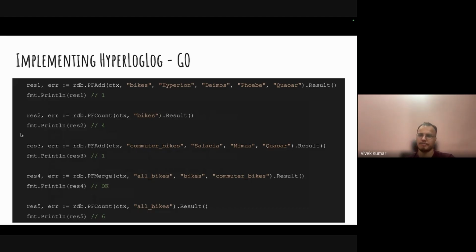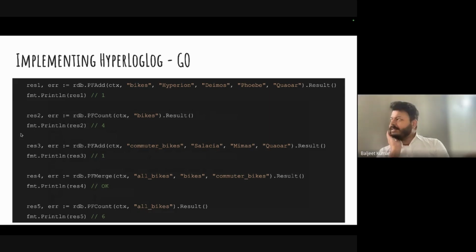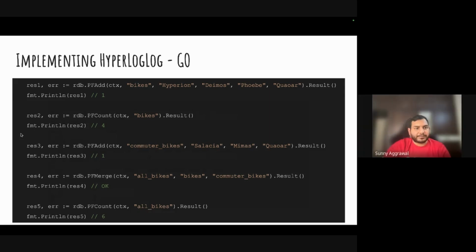Correct. Anything on which you do not wish to base any transactions, like for a pricing kind of use case, you will not use it because you want to charge accurate pricing. But if you want to get approximate insights into your system, then this could be a good use case. So insights is a good use case, basically. Yeah, correct. Analytics.